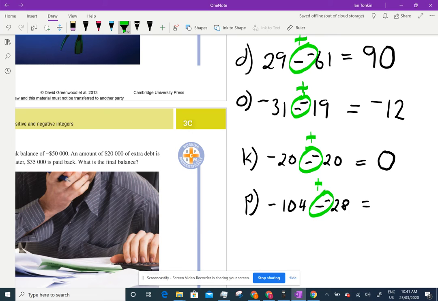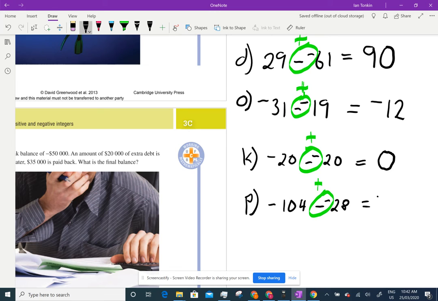So negative 104 plus 28, that's going to be quite hard. So if I just take the 20 off, if I go back 20 spaces, that'll get me to 84. I take off another 4, that'll get me to 80. I take off another 4, that'll take me to negative 76.